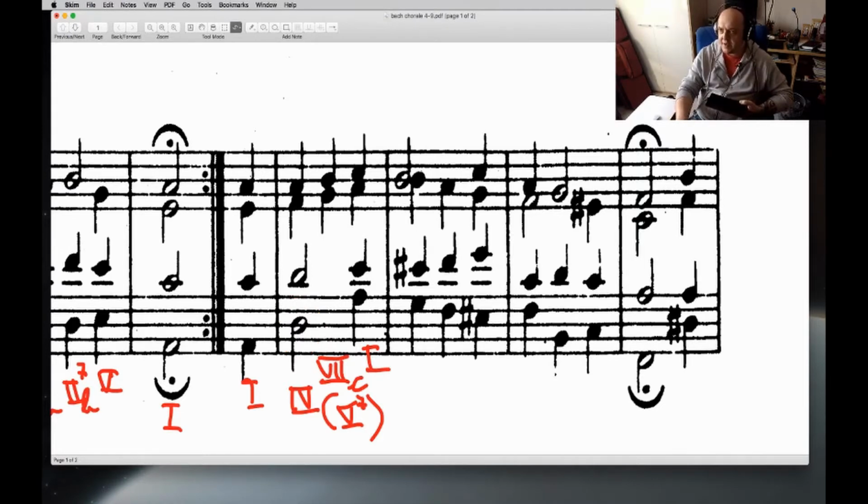That is 7 of 6. So I'll just put the function here, 7 of 6 in parentheses, just the function there.